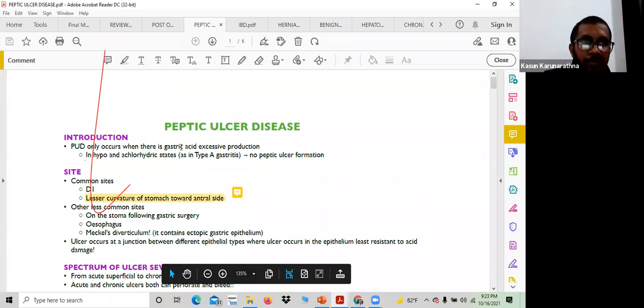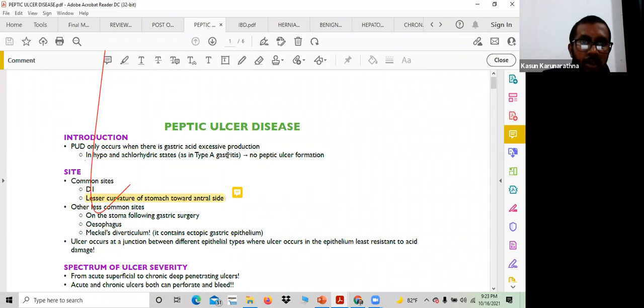Peptic ulcer disease only occurs when there's excessive gastric acid production, right? And in hypo and achlorhydric states, no peptic ulcer formation. Peptic ulceration is due to excessive gastric acid production.